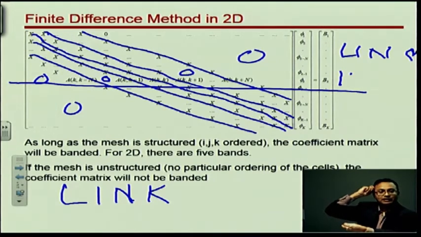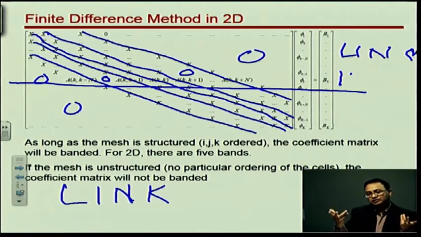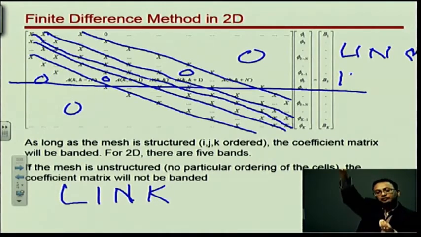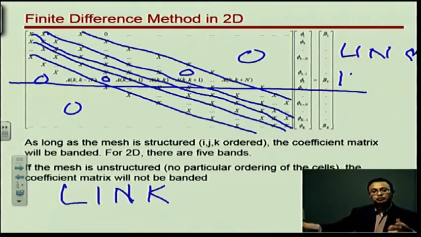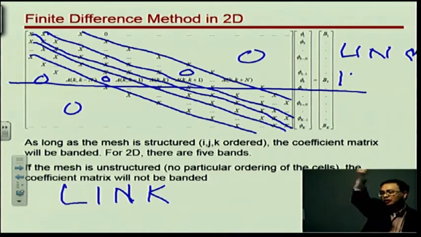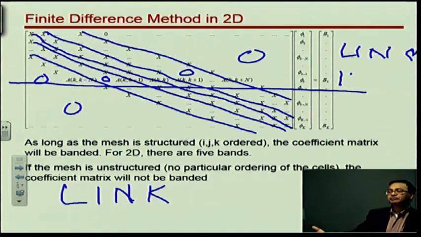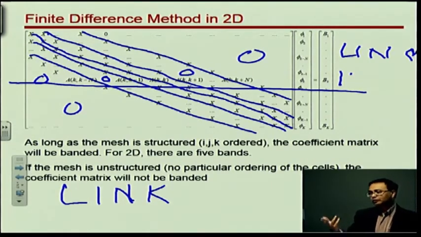There are certain other kinds of physics where that's not true, for example, radiative transport. We have interaction with the sun, which is millions of miles away. So if you solve a radiative transfer problem, you will find that this matrix is completely full. There are no zeros at all, because everything is talking to everything else. And that will come out of the radiative transport equation. When you look at it, you will see that it's not a local phenomenon that we are looking at.